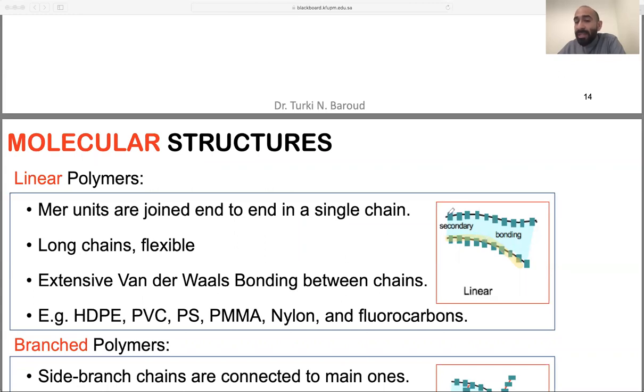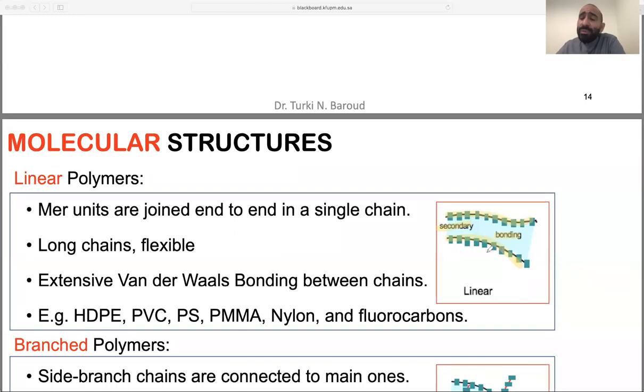Then there's another chain over here which is composed of mers, because it's called a polymer, right? Each mer is covalently bonded to another mer, but at the same time, between these chains you have secondary bonding, which is van der Waals. So they still interact with each other, but the bonding is weaker compared with the covalent bond that exists within the chain itself, right?